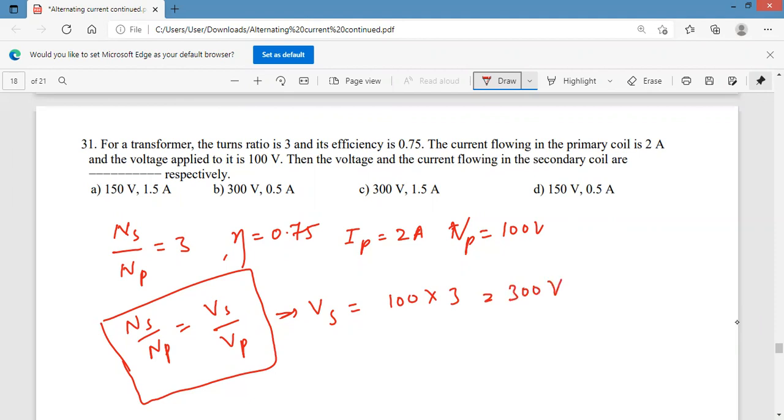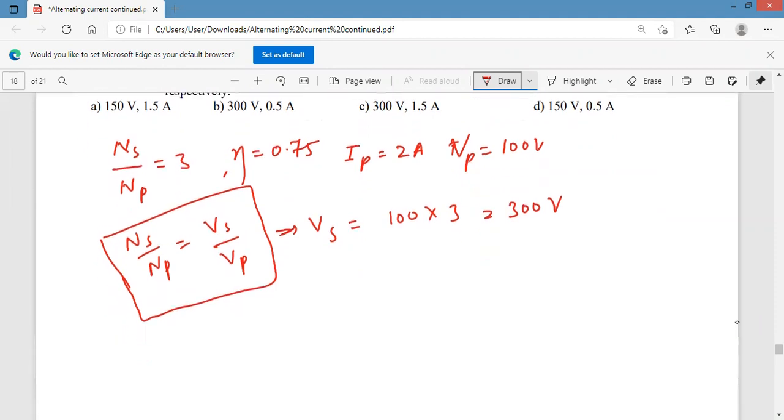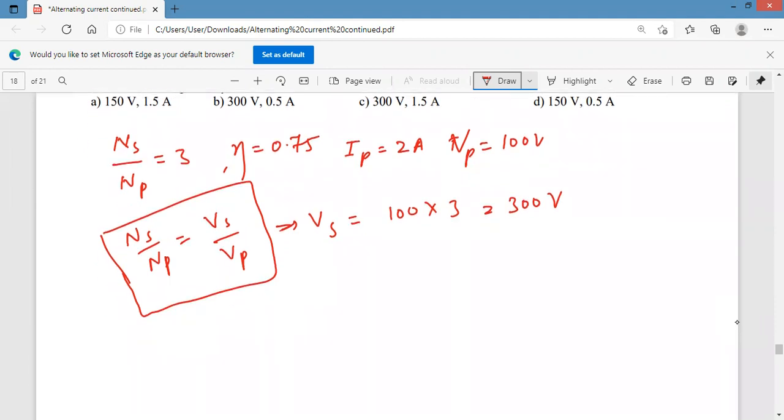Now to calculate the current, take the efficiency of the transformer. It is power output by power input. Power output is output current into output voltage, that is IS into VS. The input power is input current into input voltage, that is IP into VP.